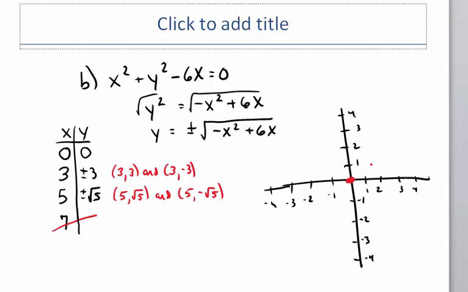We have the point 3, 3, which is going to be up here. And we have the point 3, negative 3, which is going to be here. We have the point 5, and the square root of 5 is approximately 2.2. So I'm going to go over to the 5 and I'm going to go up 2.2. And I'm also going to go over to the 5 and go down 2.2.